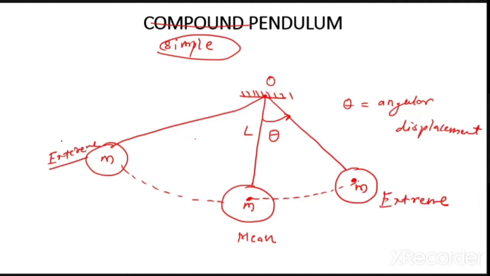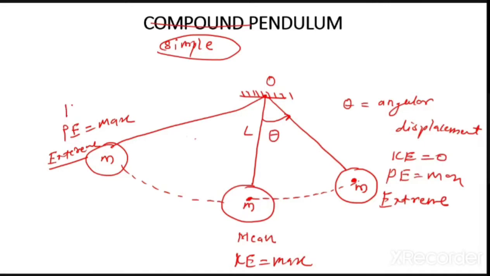As I said, at the extreme position your potential energy is maximum and kinetic energy is 0, and at the mean position your kinetic energy is maximum and potential energy is 0.